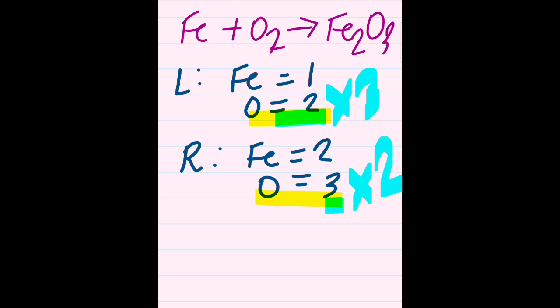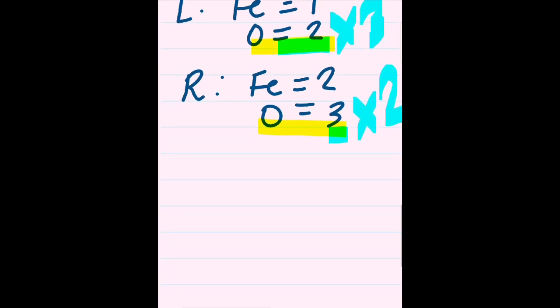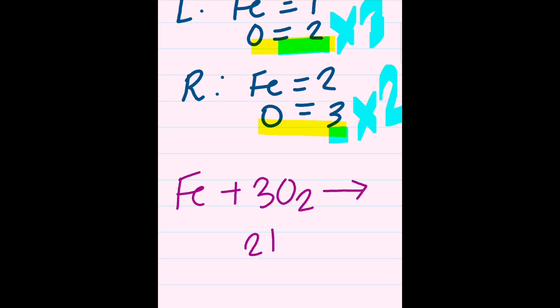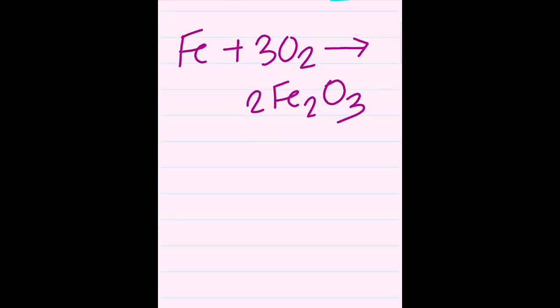Both will become 6. So the equation becomes Fe plus 3O2 forms 2Fe2O3. Fe will not change because we are balancing oxygen first.